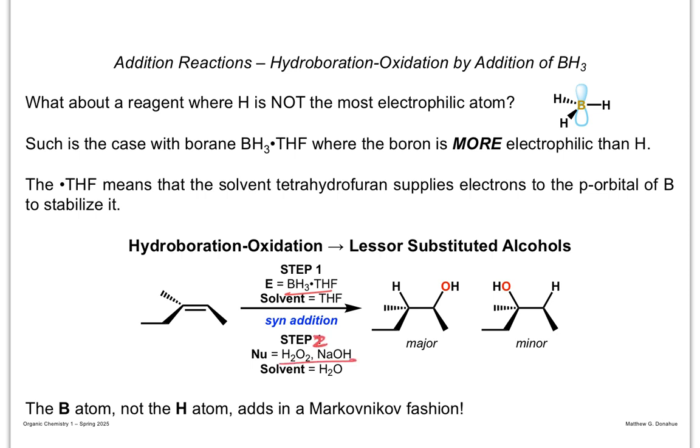You have these basic conditions of sodium hydroxide and hydrogen peroxide. That does an exchange of boron for oxygen. So in the major product, you end up with an alcohol. The intermediate from step 1 had a boron there, and that boron got swapped out for an oxygen.